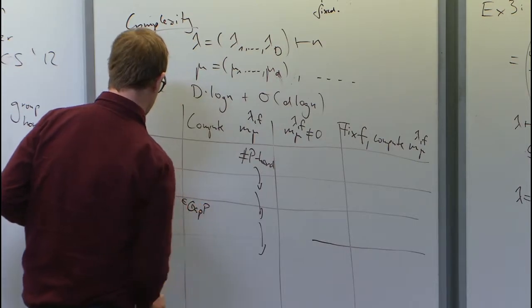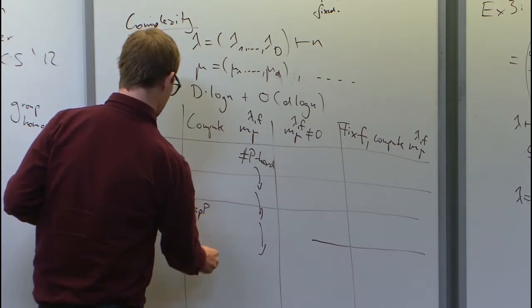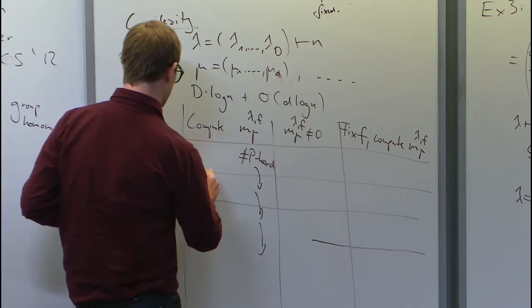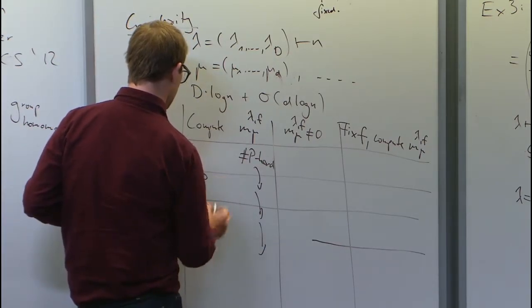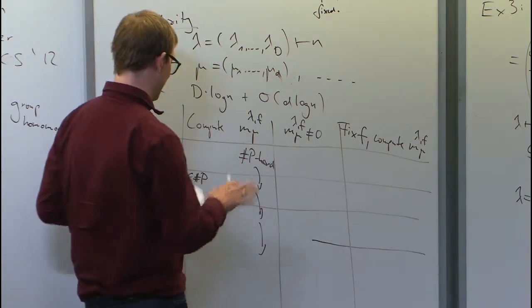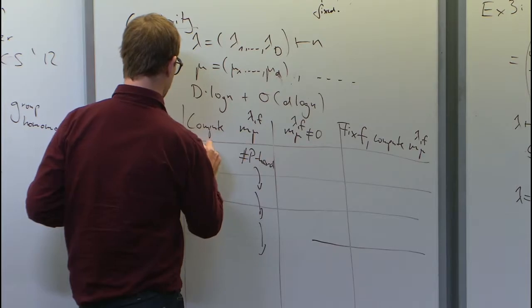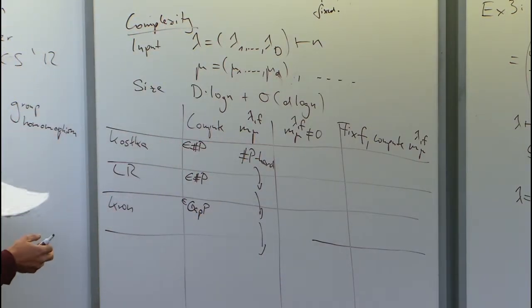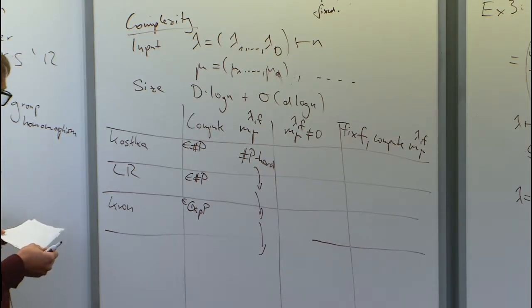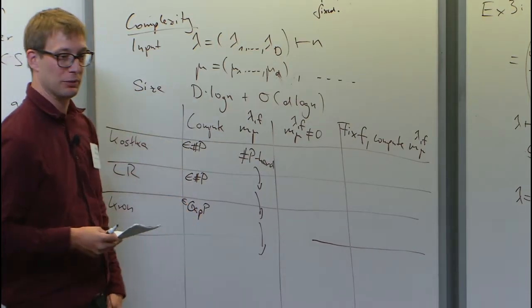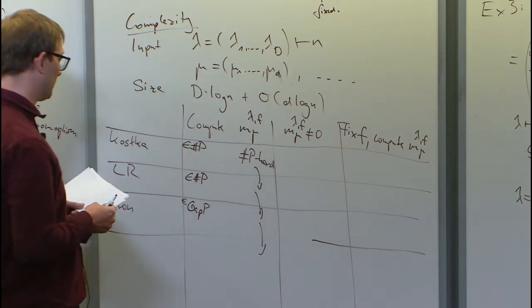So it's in GapP. And for the Littlewood-Richardson, we actually know that it's in #P. There are many results that will imply that. And the Kostka number, I don't know who first showed that it is in #P, that you can count this, but maybe Littlewood or something. You see this is a hard problem, computing. It's a counting problem.